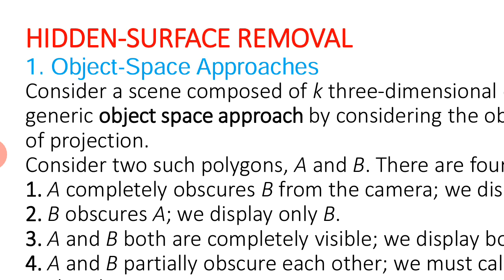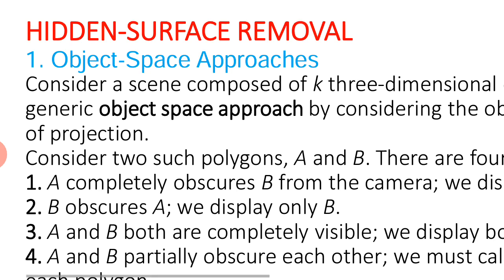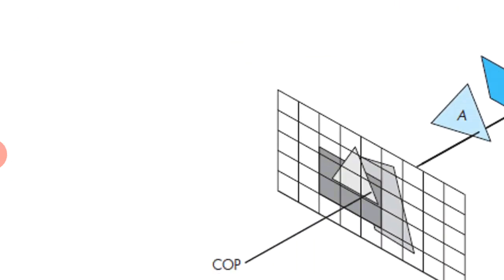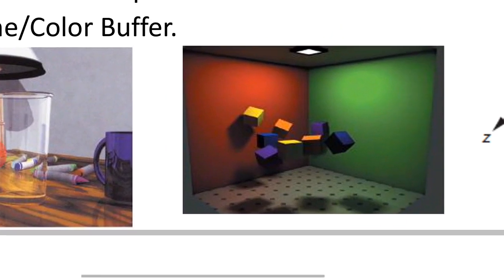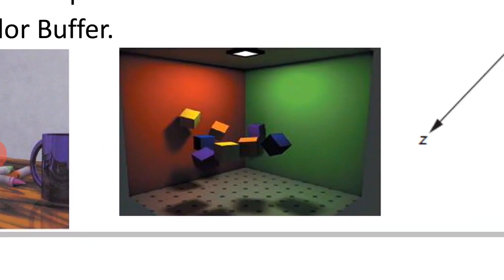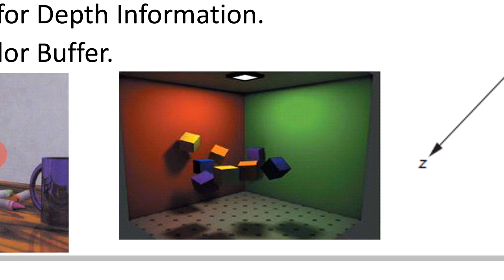Normally, whenever I am going to see any image, for example, just have a look at this image. In this particular image, there is a room with so many cubes of different colors, blue, orange, then yellow.